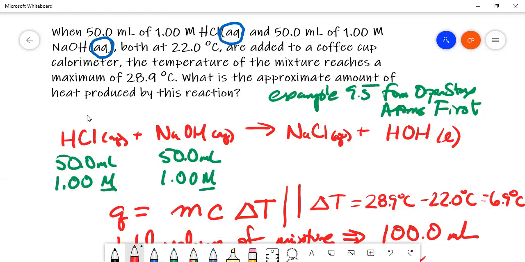Mathematically, if you were to represent the amount of heat produced by this reaction, it would get represented as Q released. If Q absorbed is 2,900 joules, what's Q released?